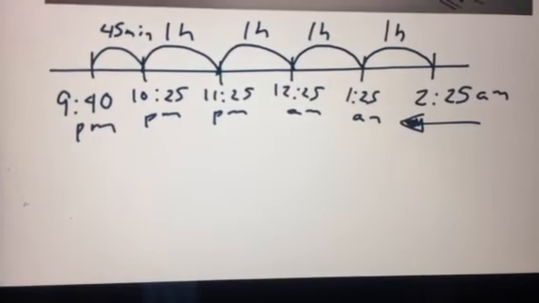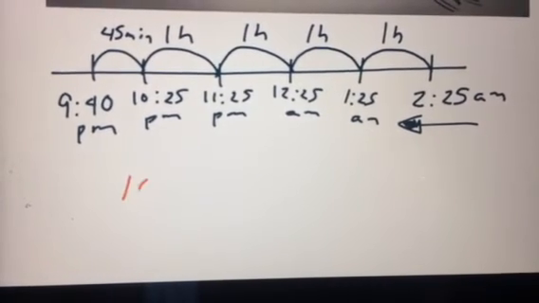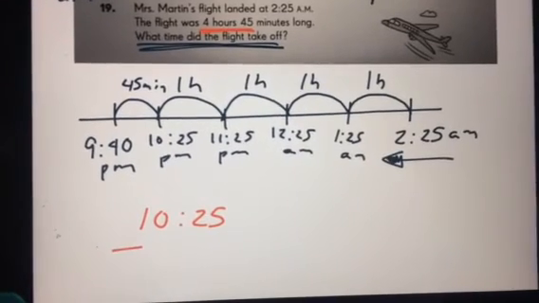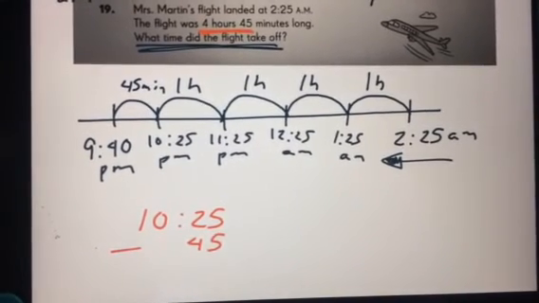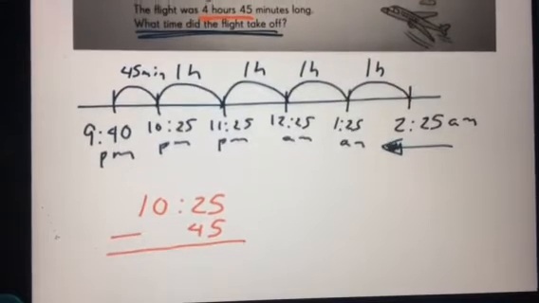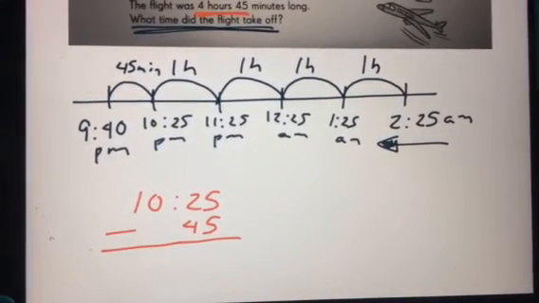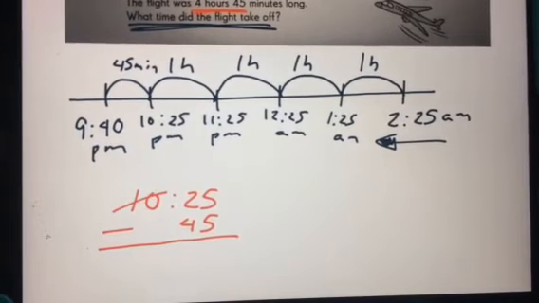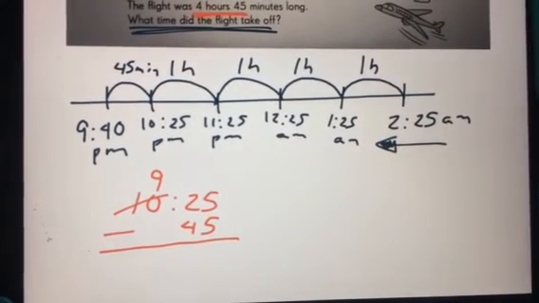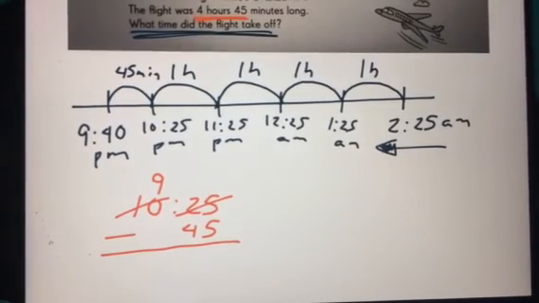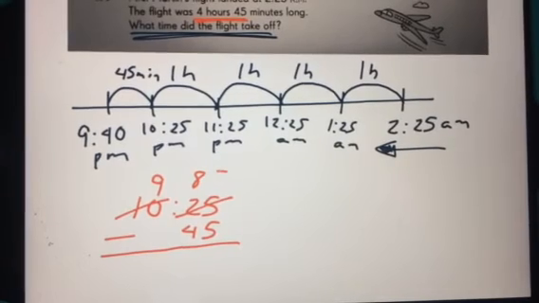Let me show you the strategy that we learned the other day. If you want to find out what 45 minutes less is, starting at 10:25, do the subtraction that I taught you. You can't do 25 minutes minus 45 minutes, so you regroup the 1 hour, and then you add the 60 minutes to the 25 minutes. So 60, 70, 85.